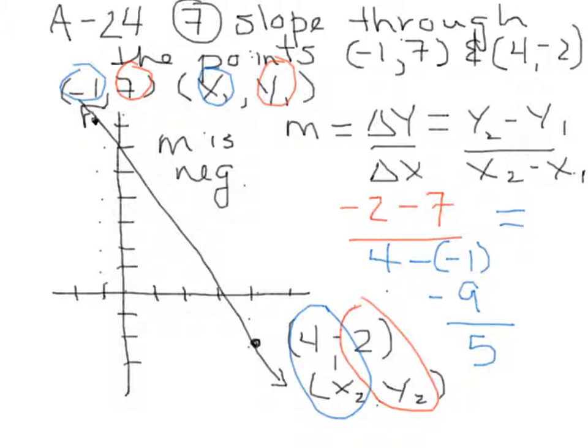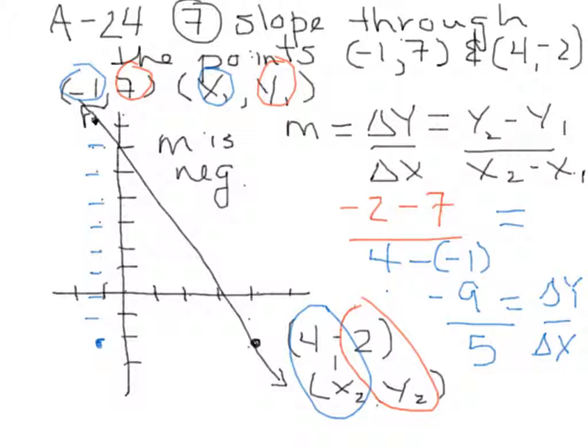But let's go ahead and take a look at what that means. So this tells me this, once again, has to be my change in y over my change in x. So my change in y here is 1, 2, 3, 4, 5, 6, 7, 8, 9. That puts me right there.